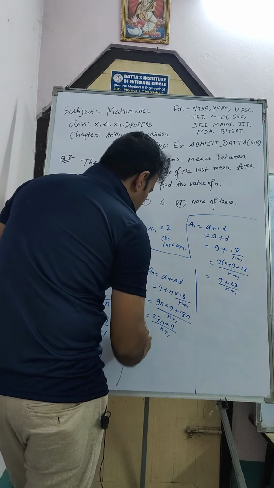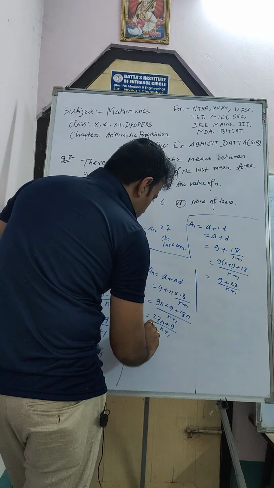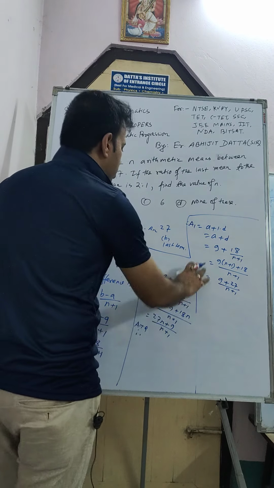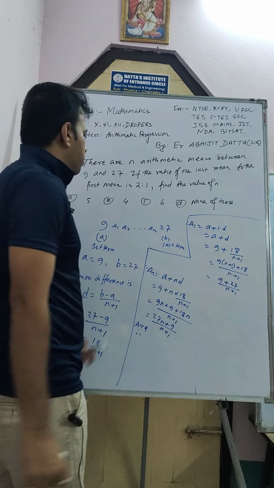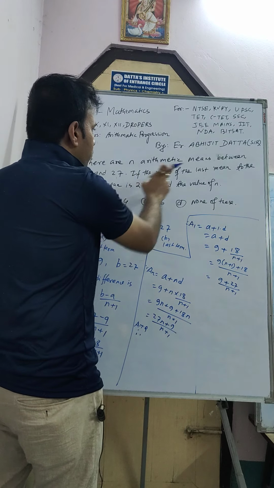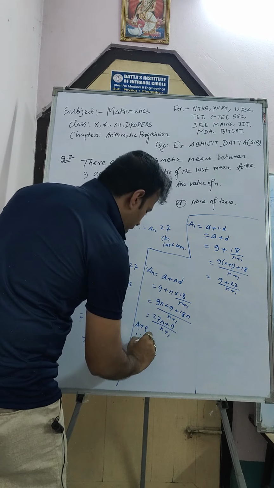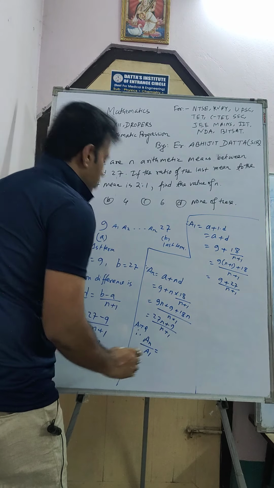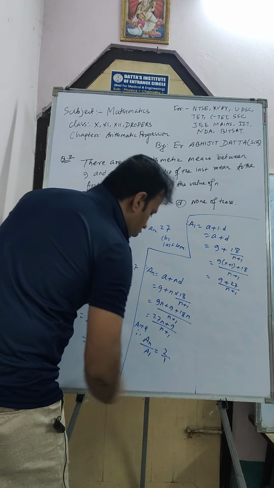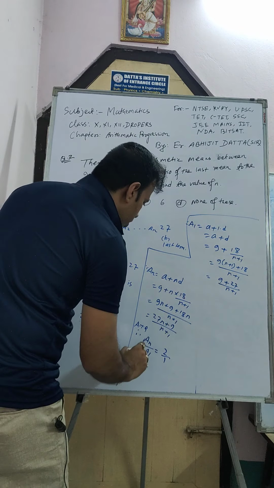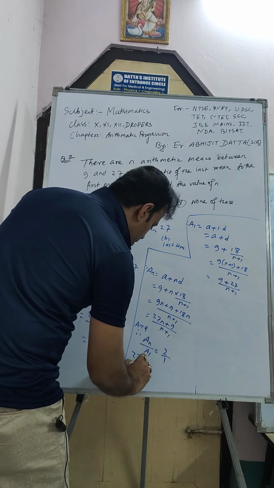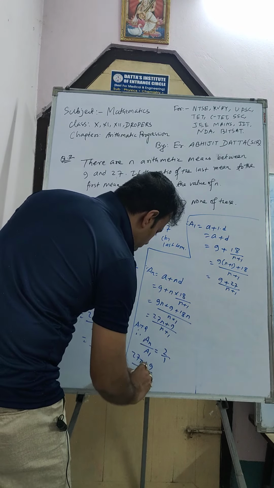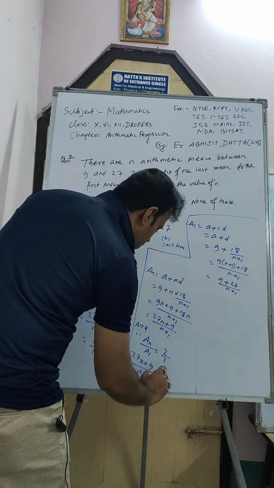Now according to the question, what is given here? That for last mean to first mean, that is an by a1, the ratio is 2:1, that is 2 by 1. Now an is (27n plus 9) by n plus 1, and a1 is (9n plus 27) by n plus 1.